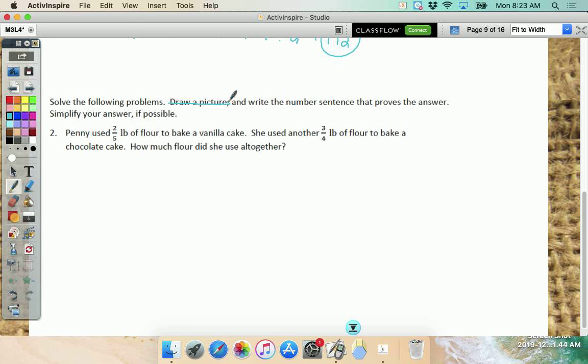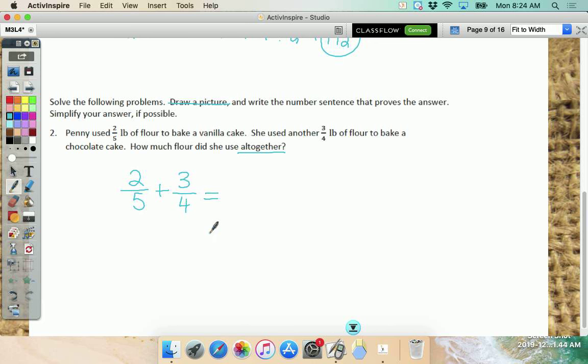Yes. Okay, Penny used 2/5 pound of flour to bake a vanilla cake. She used another 3/4 pound of flour to bake a chocolate cake. How much flour did she use altogether? This is pretty simple. So what's my problem? 2 fifths plus 3/4. Good.